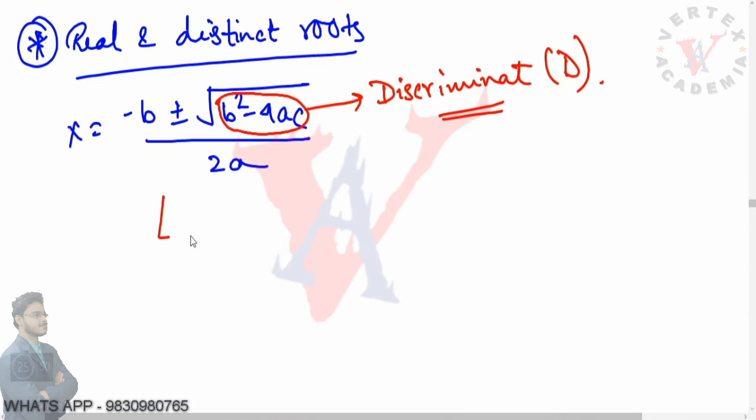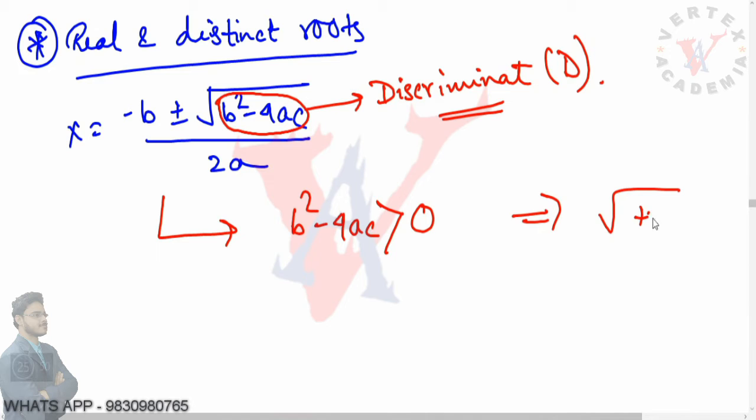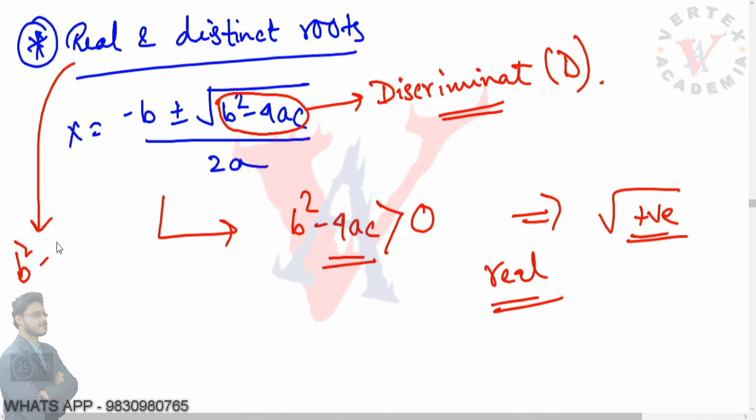So if you take out the discriminant b square minus 4ac, and it is greater than 0, then we get a positive quantity under the root and the roots will be real. I hope this is clear, because when this is greater than 0, the under root will be positive and the roots will be real. So the first condition to get real and distinct roots is that b square minus 4ac must be greater than 0.